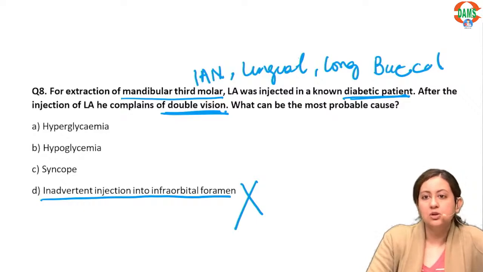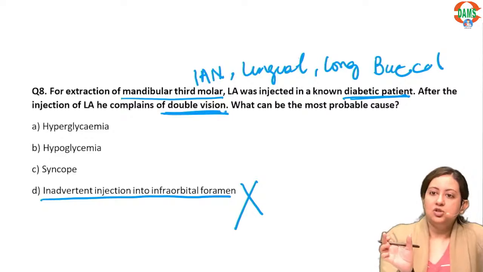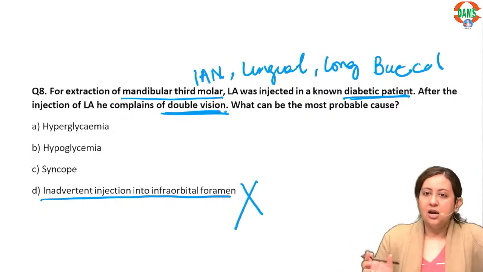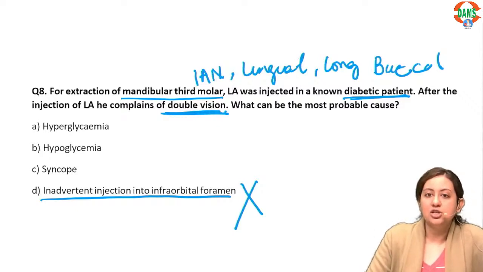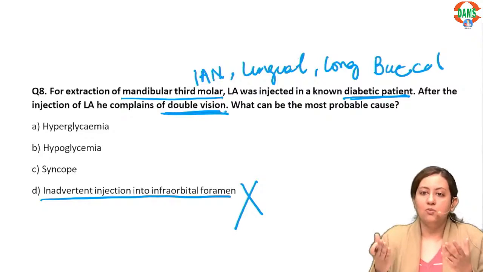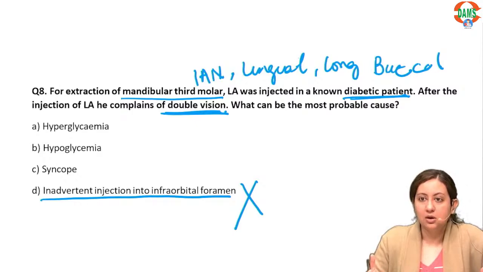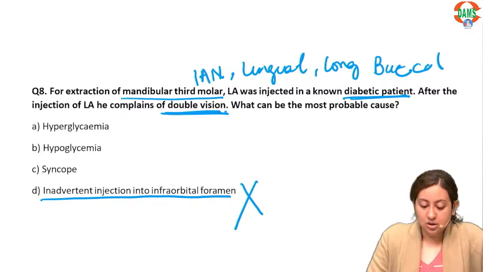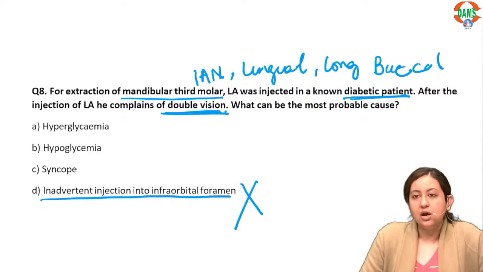So if you just see the double vision and don't pick out the other keywords from the option and end up marking inadvertent injection into the infraorbital foramen as your answer, you will obviously end up losing your precious marks. Understood? Now the other three options are very close, and how do you arrive at your answer?